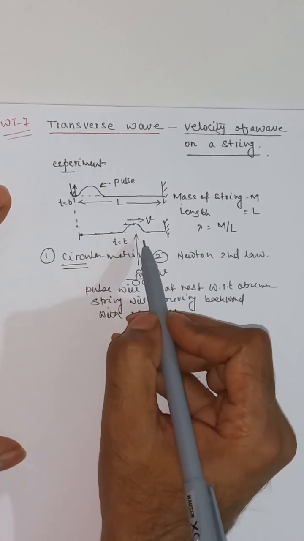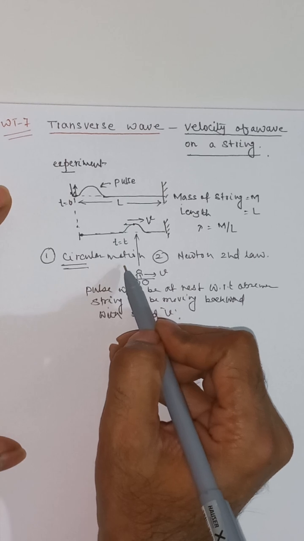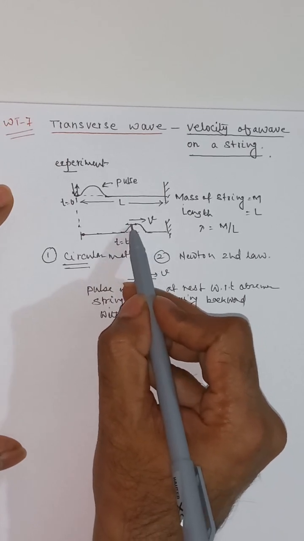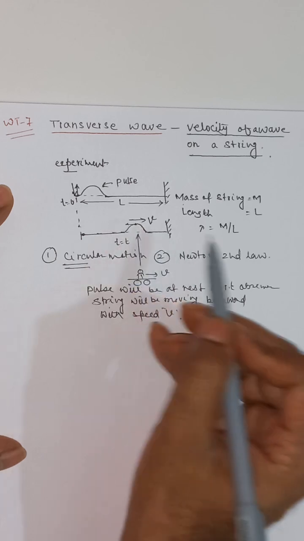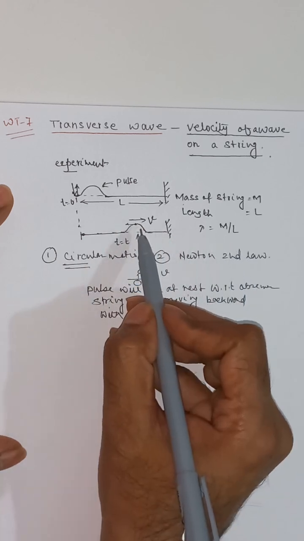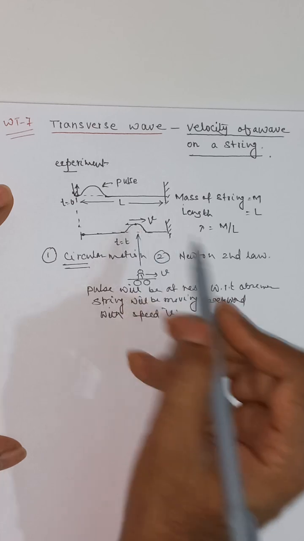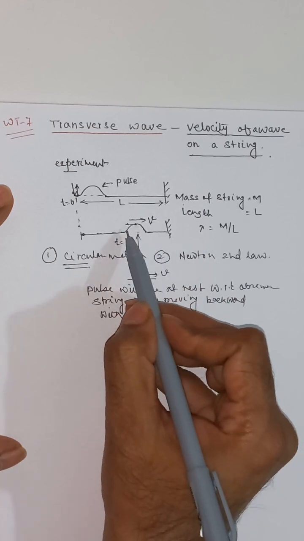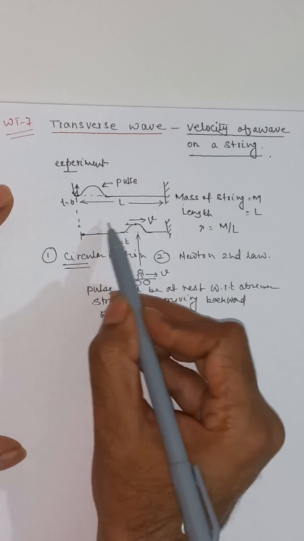So now we can apply the concept of circular motion, as the element of the string is moving on this arc, which is a part of maybe any circle of radius r. This pulse is stationary with respect to the observer, and a string element is moving on this arc with velocity v in the backward direction.